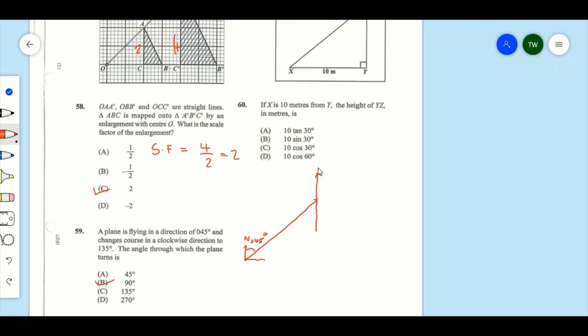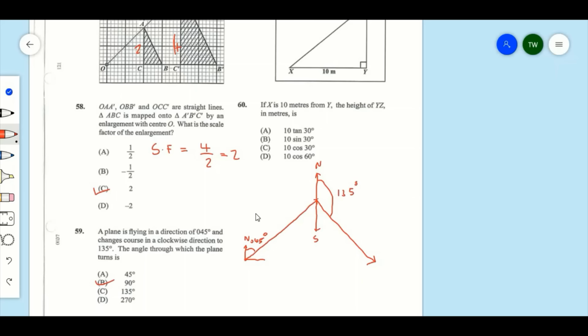So this is north, which means this line here would be south. So 135 degrees is going to be somewhere around here. So the plane is now going in this direction, right? So the angle from north to this direction is going to be 135 degrees.